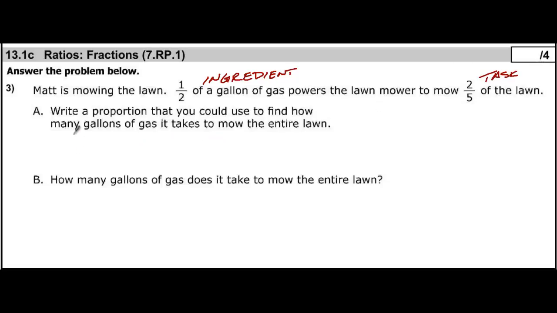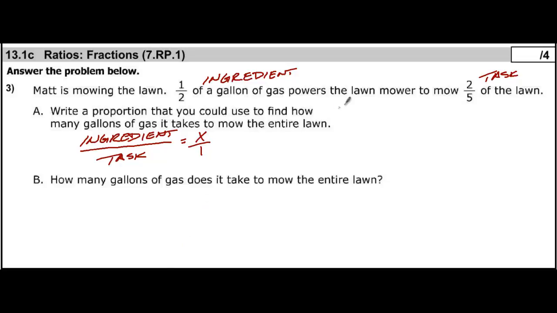And the order that we go is ingredient divided by task equals, and then whatever you're solving for. So in this case, since we want to know how much gas it takes to mow the entire lawn, it would be the amount of gas to mow one full lawn.